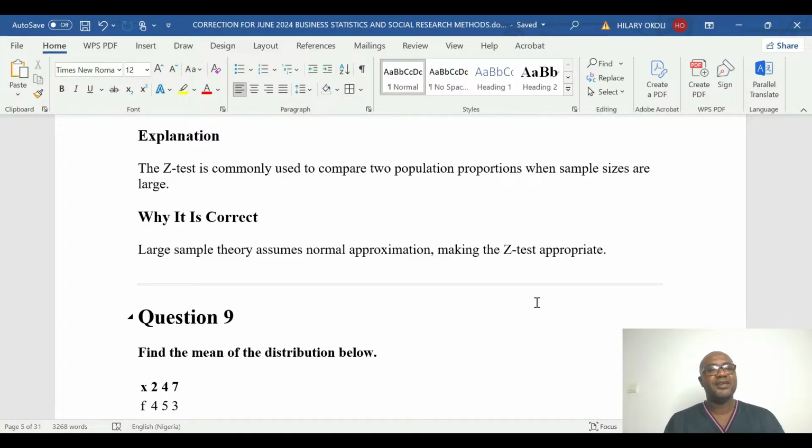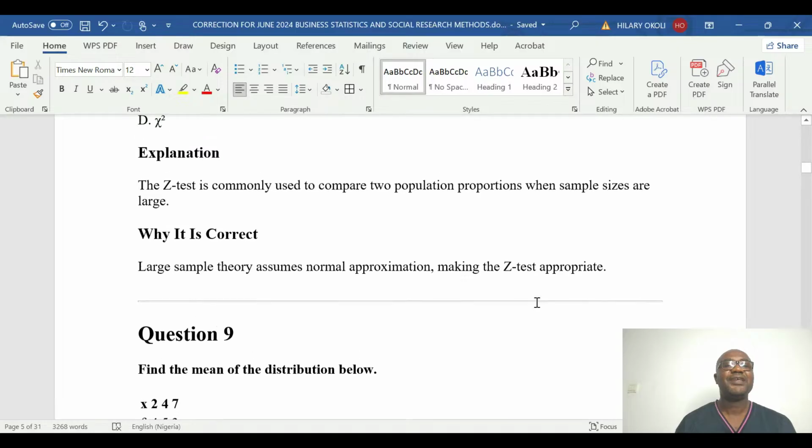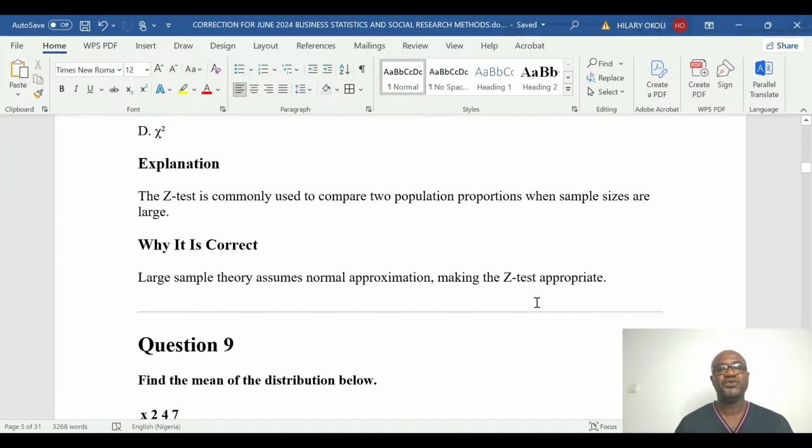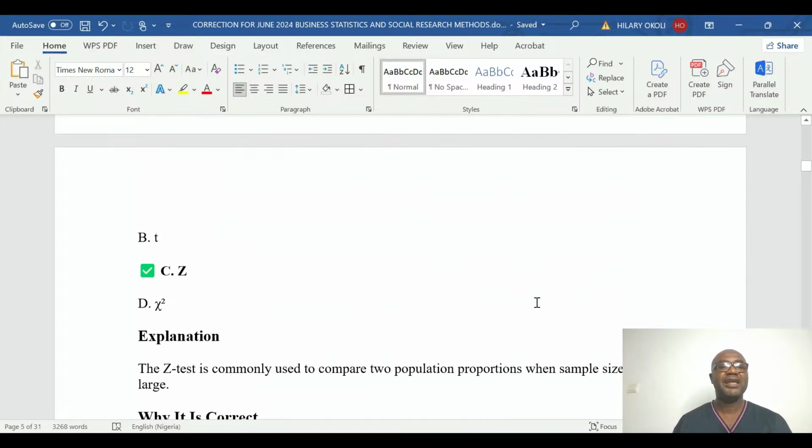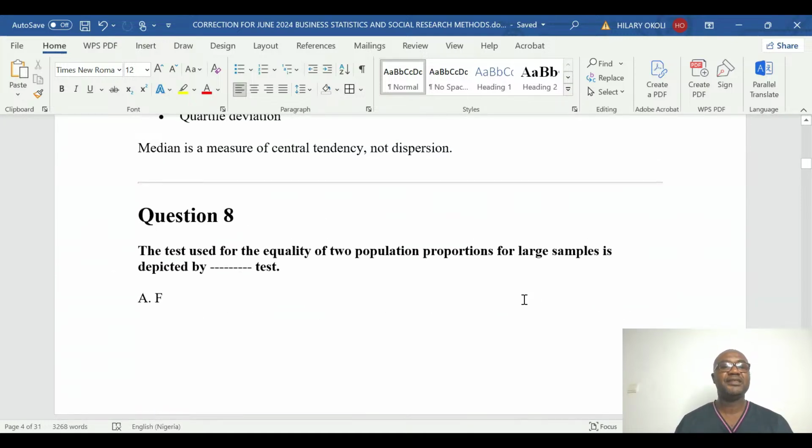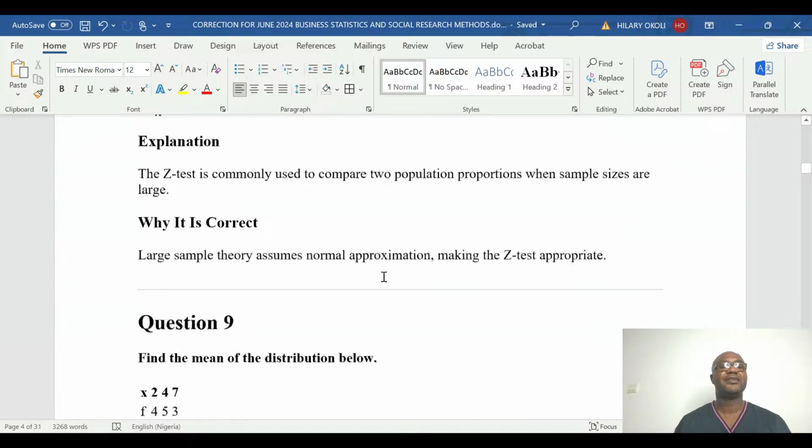Why is it? Large sample theory assumes normal approximation, making the Z-test quite appropriate. See how the question is framed. It said the test used for the equality of two population proportions for large samples is depicted by dash test, and it is the Z-test. Don't forget that.